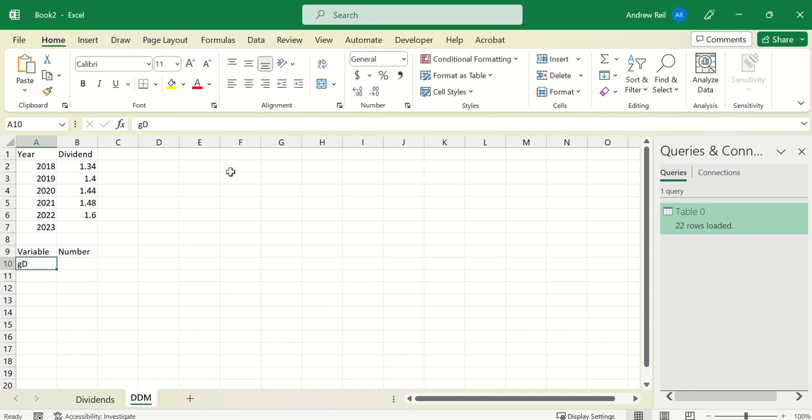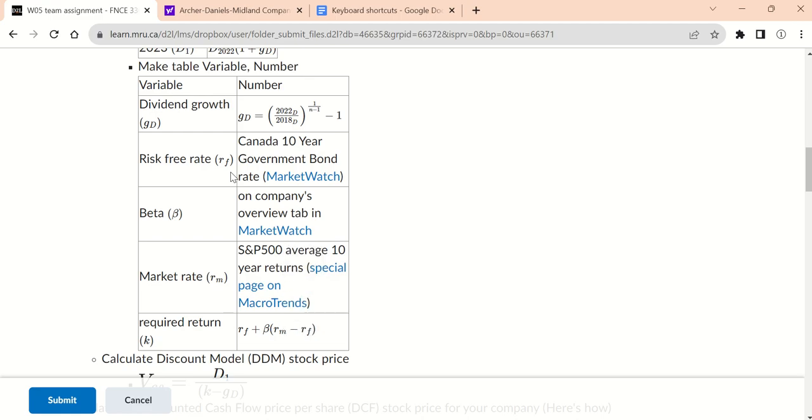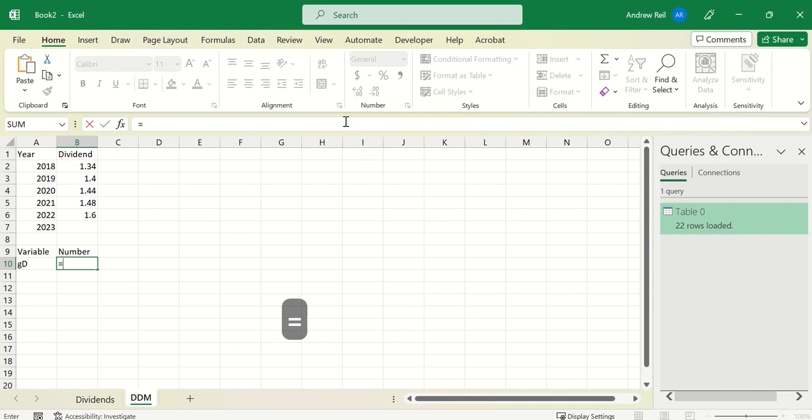And the formula for that is the annual growth rate. So it's the most recent dividend divided by the earliest one 5 years earlier, all to the exponent of 1 over however many there are. There's 5 of them, minus 1, so 1 over 4, and minus 1. So equal, in brackets, most recent one divided by the earliest one, close bracket.